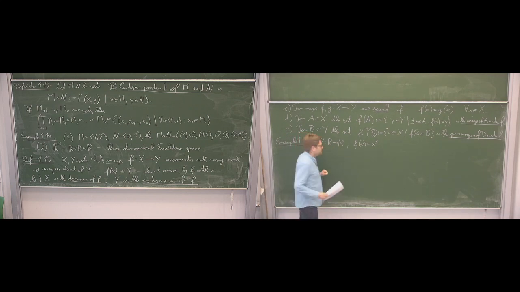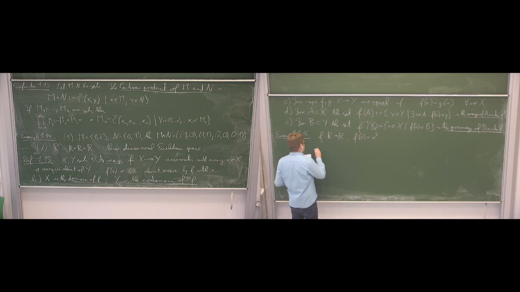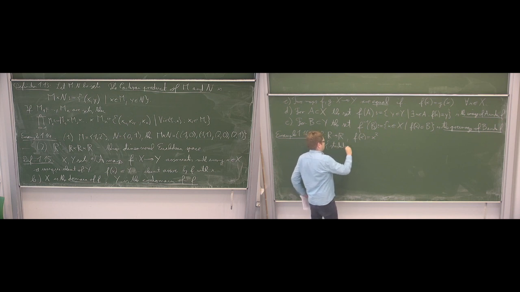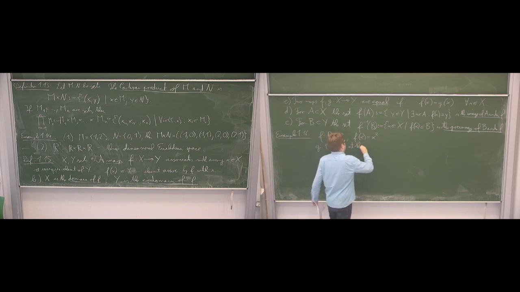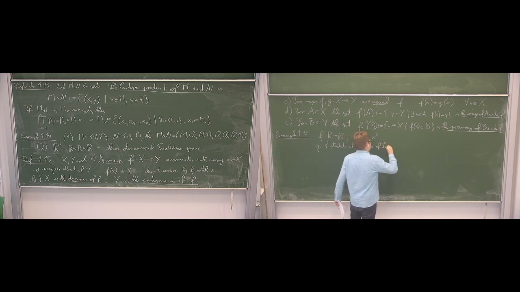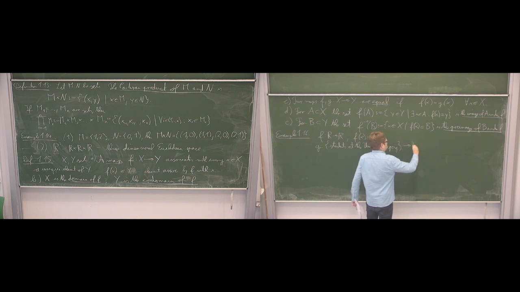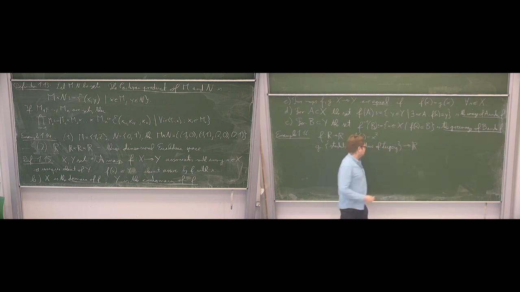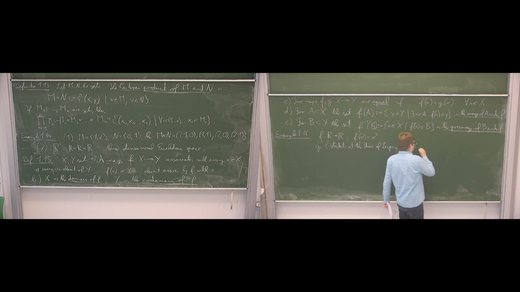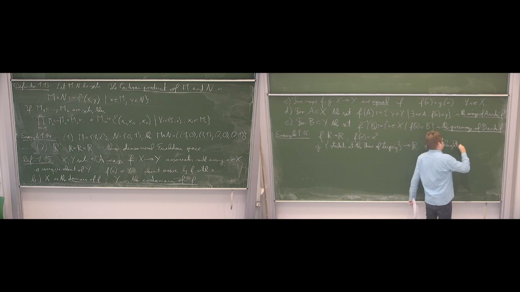Another example, in a more set theoretic way: we take the set of all students at the University of Leipzig, and we take a map from this set to R by simply associating with every student some number, namely g of x is defined to be the height of the student x.